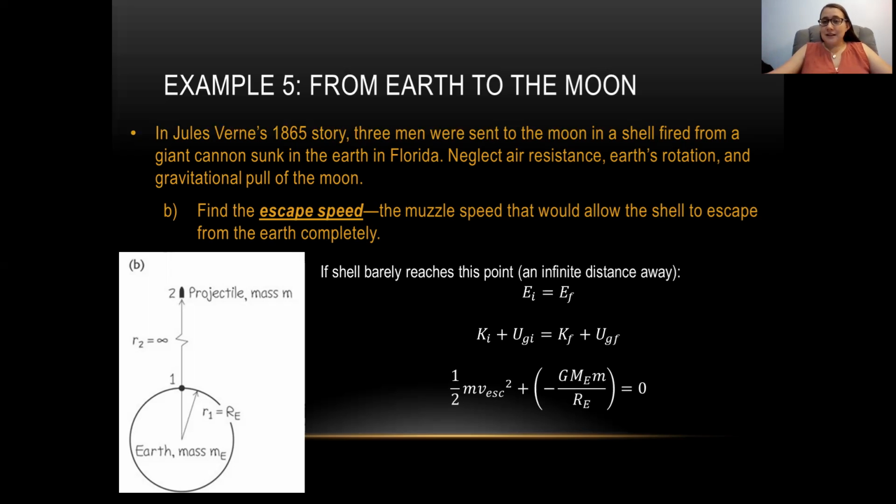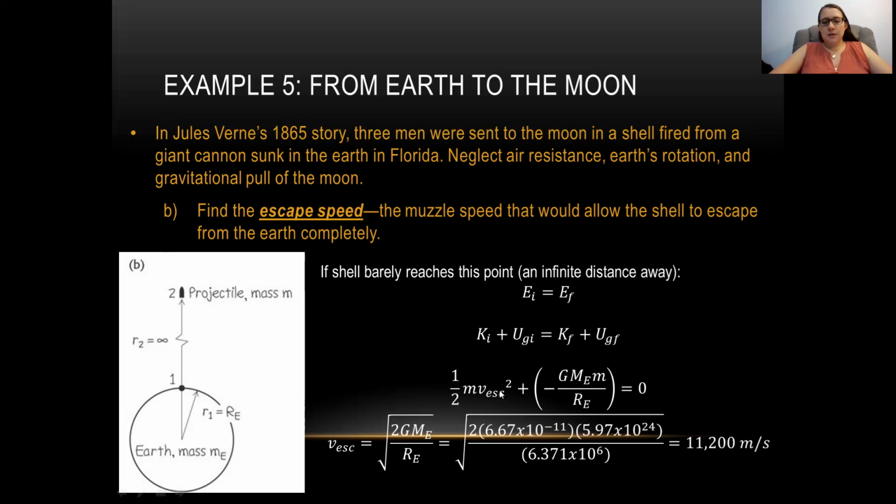At infinity, potential energy is zero. And since we're just barely reaching this point, we're going to imagine that it's coming to a stop at this infinite distance. It has no kinetic energy at that point anymore either. So this escape speed that it would need initially, that's what we're looking for.